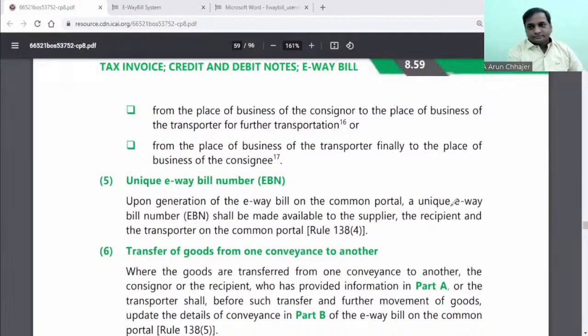Question number 1. Within how many hours can we cancel the e-way bill? What is the time limit to cancel the e-way bill?